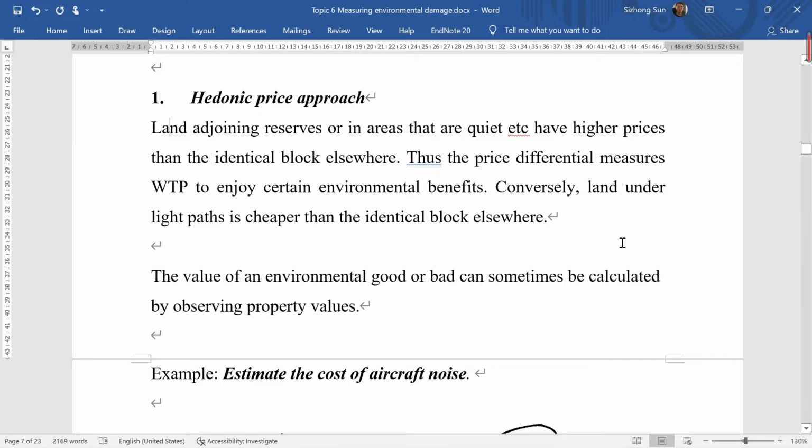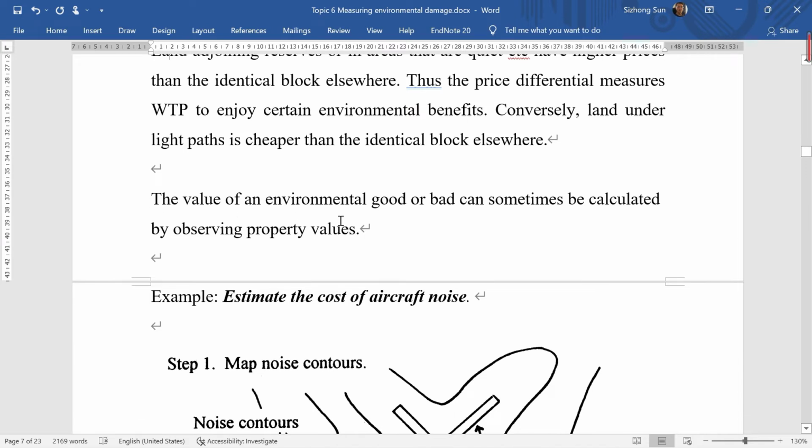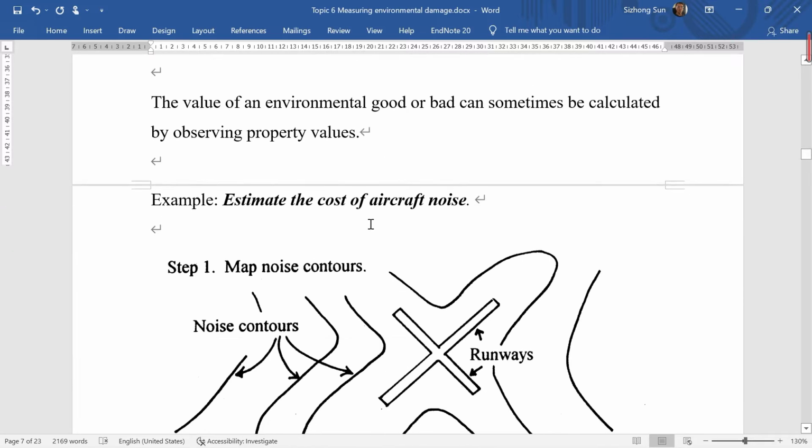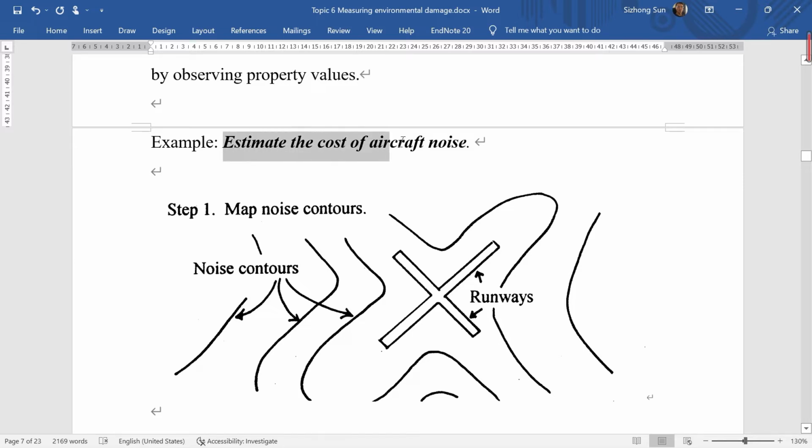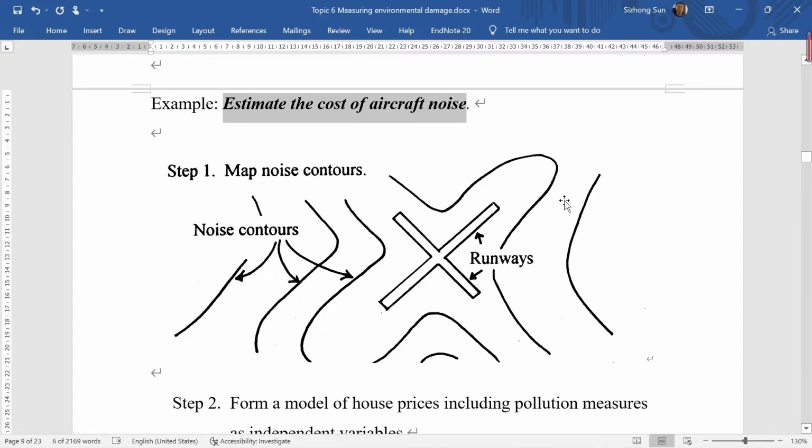So the idea here is that the value of an environmental good or bad can sometimes be calculated by observing property values. For example, suppose we want to estimate the cost of aircraft noise. So this is the airport, and we can map noise contours here.